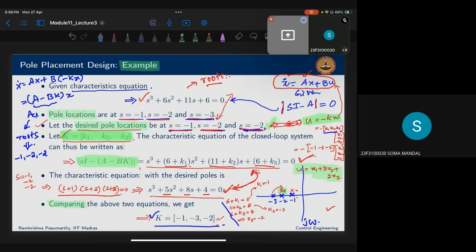I'll give you 5 minutes. Can you solve this problem as a surprise test? Then we will shift to the next topic. Take the same example and solve it.